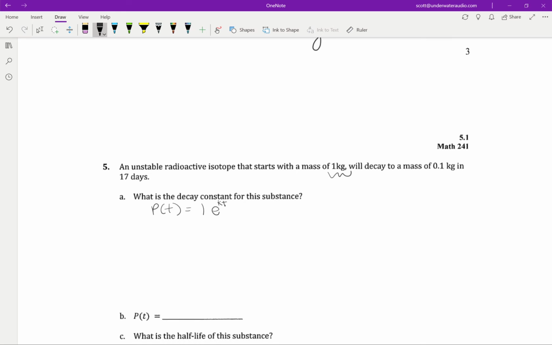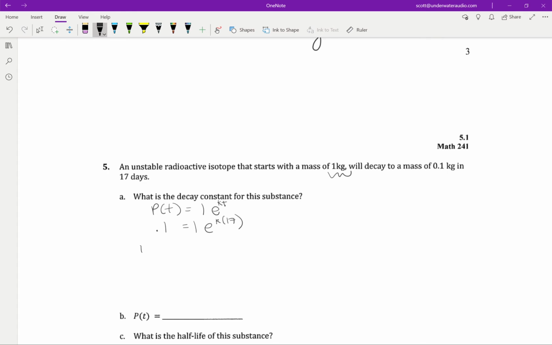And then I was told that it decays to a mass of 0.1 after 17 days. So e to the k times 17. And be careful, that's a 0.1.